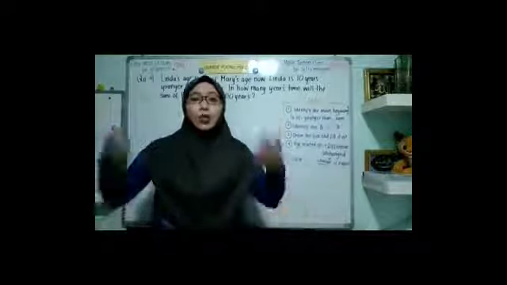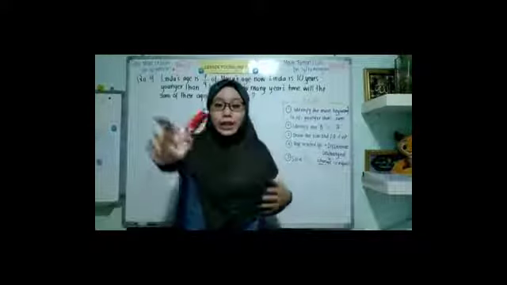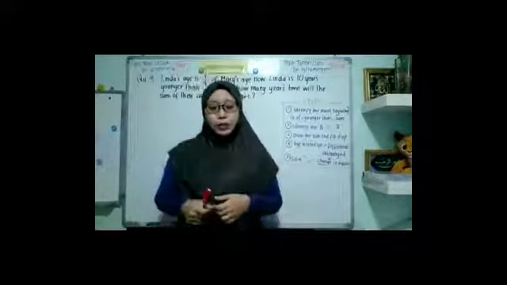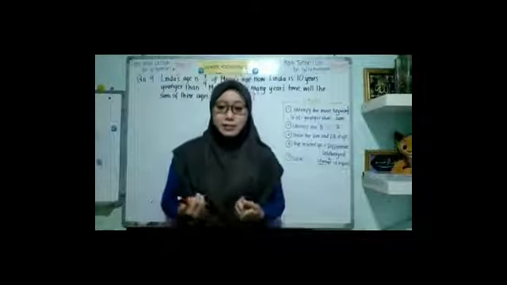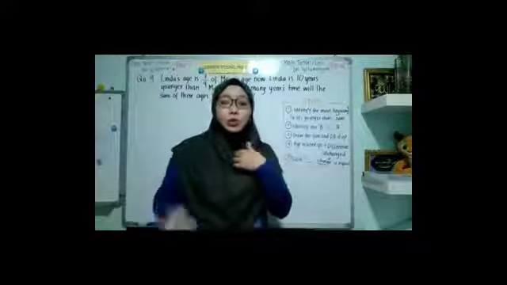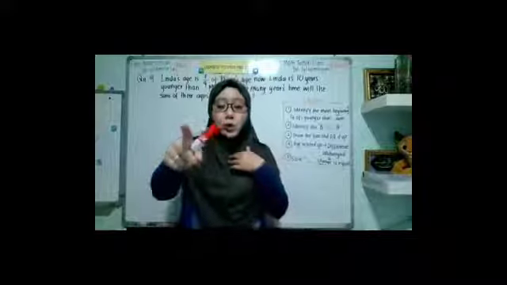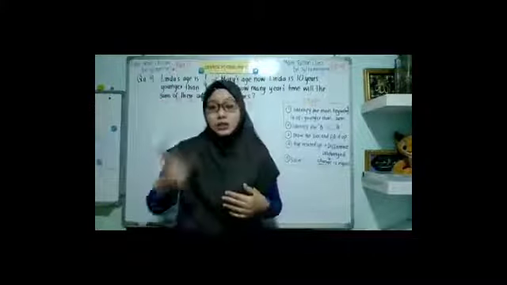Why is that so? Let me give you an example. I'm 30 years old and your child is 10 years old. The difference between our ages now is 20 years. Two years later, I'll be 32 and your child will be 12 years old. But our difference, 32 minus 12, is still 20 years.